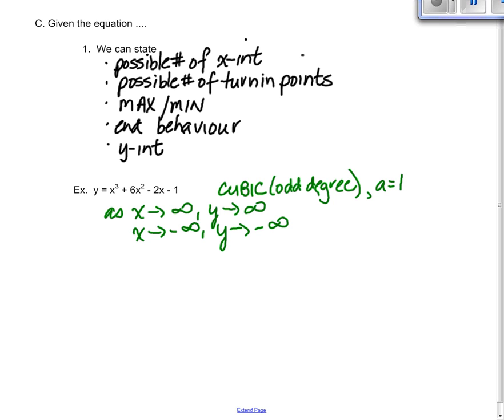Because it is a cubic, there are up to 3 x-intercepts. Possible number of turning points. We can have up to 1 less than the degree, so up to 2 turning points.